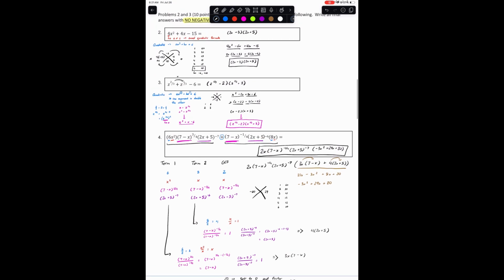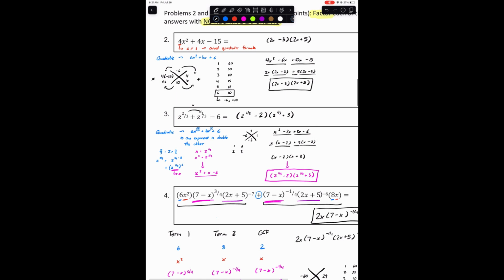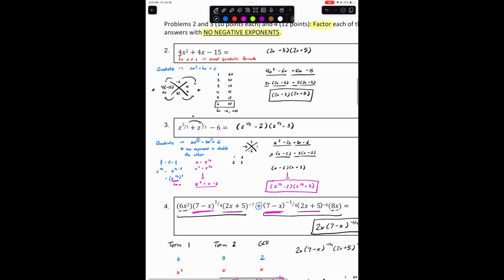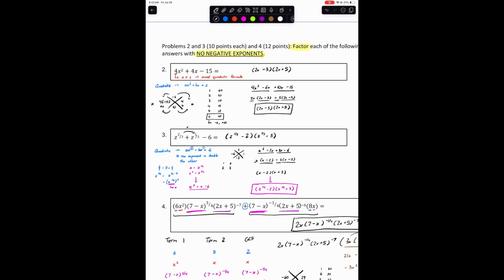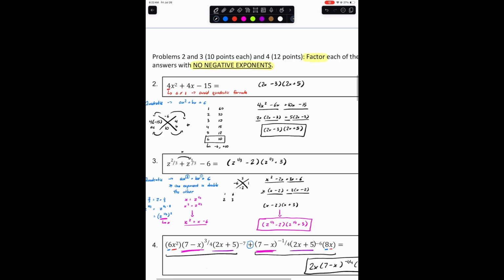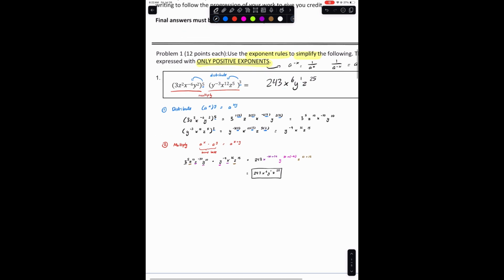Number 2 is very simple, factoring very straightforward. Number 3 requires a little more finesse: to do substitution to force the expression to be in quadratic form. And then you need to not forget to substitute the value back in. And number 1 is just straight up exponent laws. Nothing crazy there.